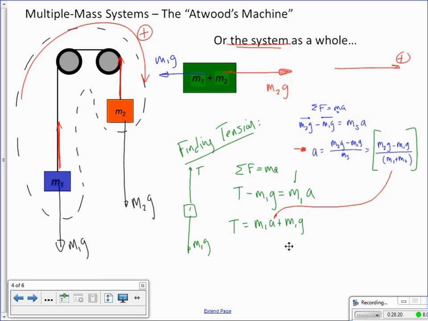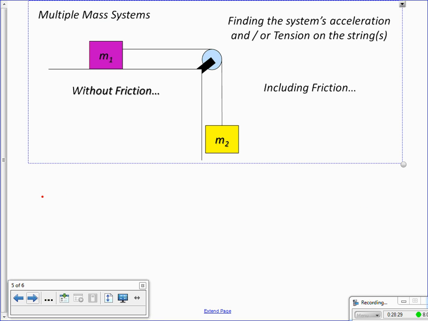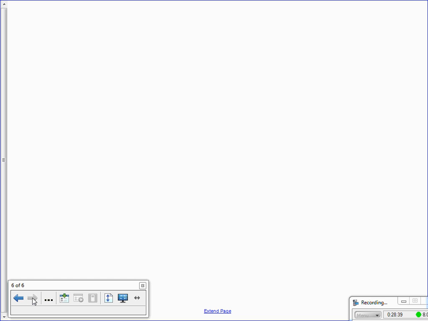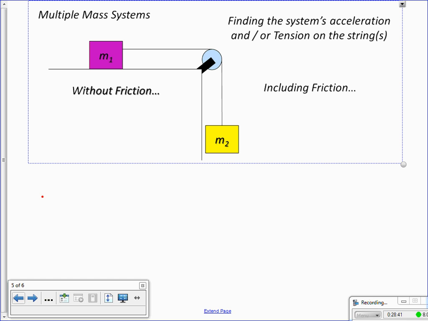Okay? That work for you? I'll hold this till we get together next time. These are actually a little bit simpler, depending on your outlook.